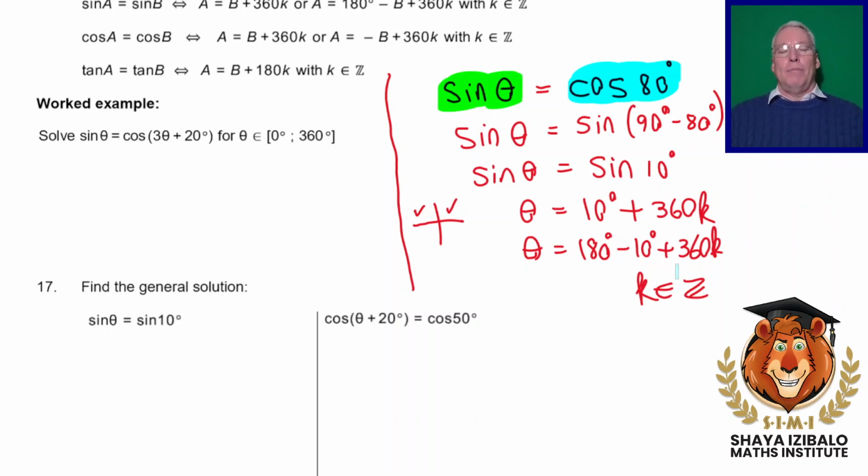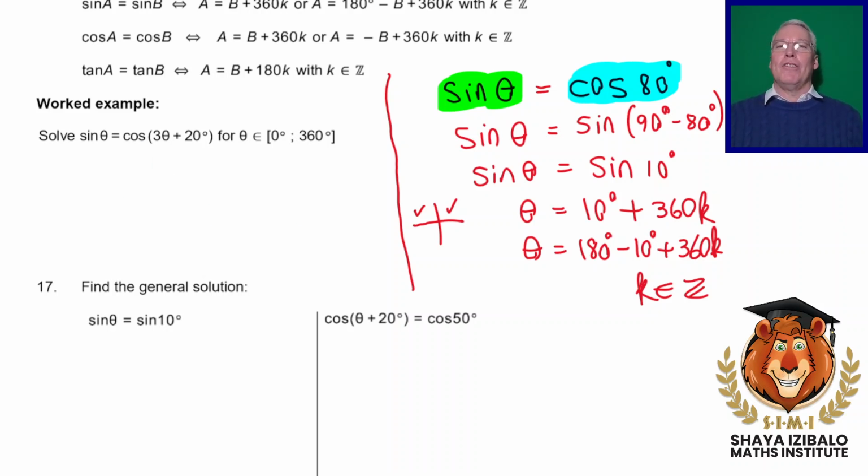But we can also change cos into sine or sine into cos. And then, once we've got the same ratio on each side, if it's sine, then we would say that the two angles are equal, or the one is 180 minus the other angle. Okay, we're going to do this one.